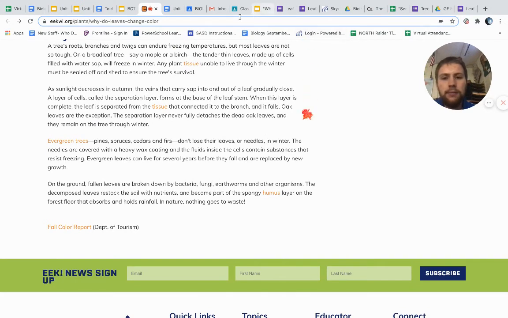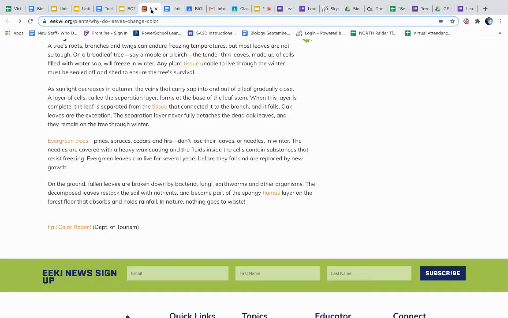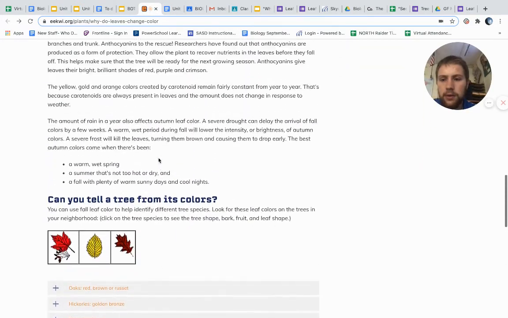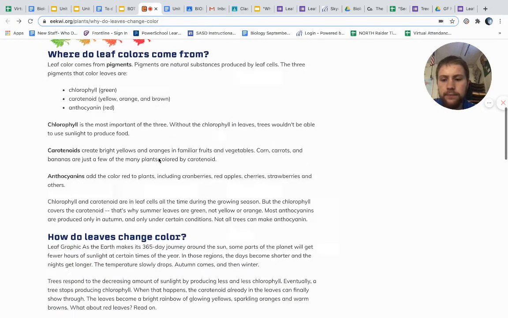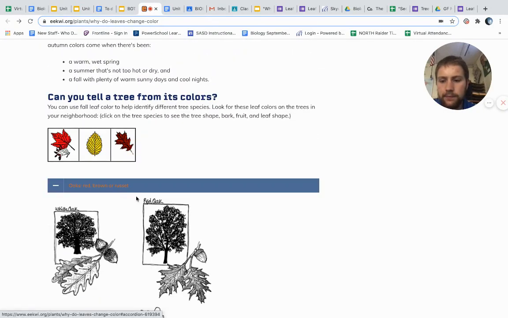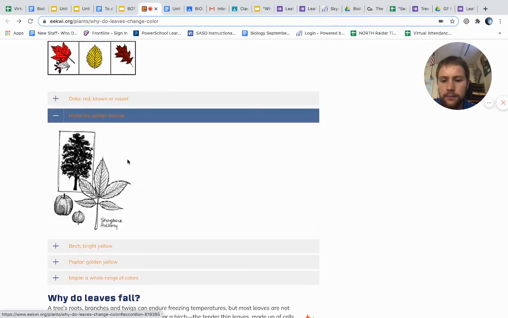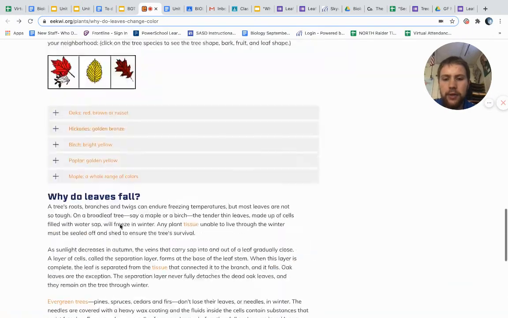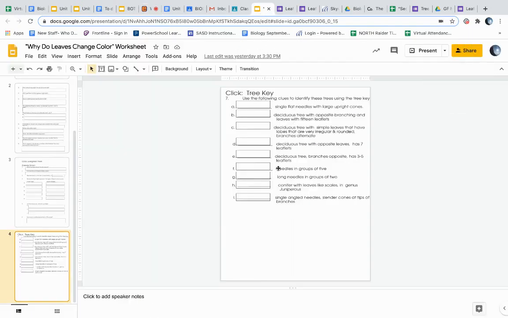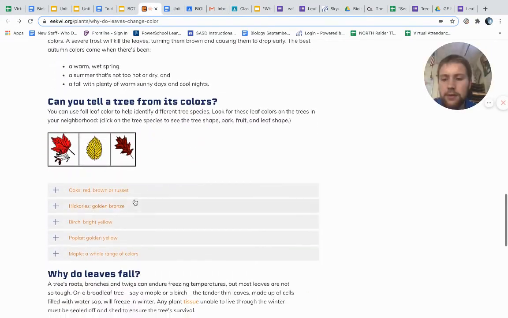Let's see. So the prompt we were looking for is going to be tree key. All right, so you'll go ahead and look for the tree key. And okay, so this is going to correspond to, I think, these, because we've got 1, 2, 3, 4, 5 here.